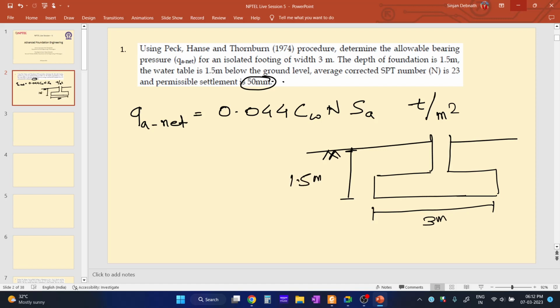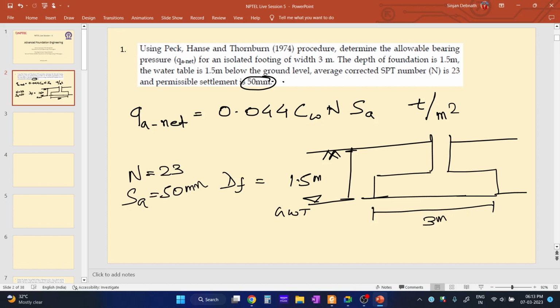This is the depth of the foundation, Df, and the water table is 1.5 meter below the ground level. That means the water table lies over here at the base of the foundation. This is the ground water table, and average SPT value N is 23, and permissible settlement Sa is 50 millimeter.